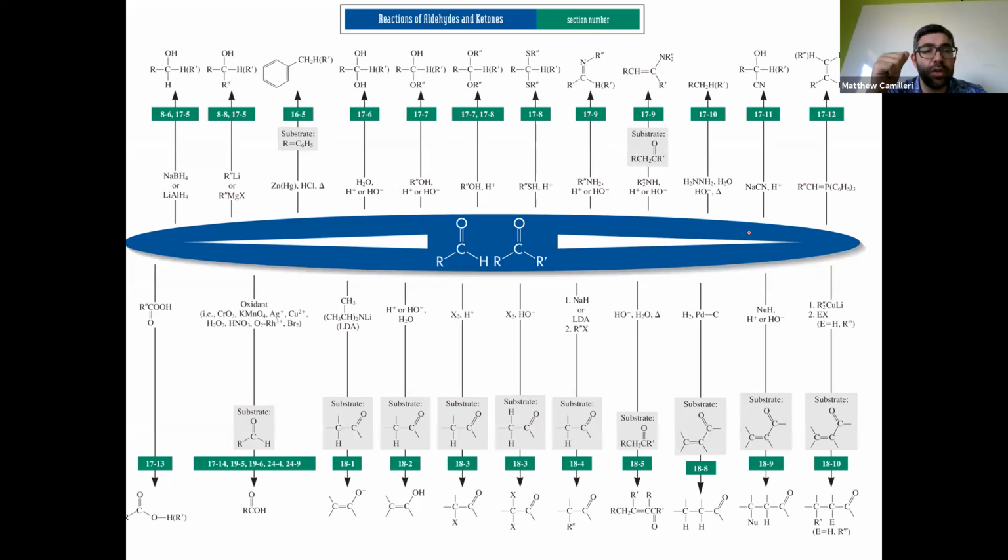So you have reduction of carbonyls to alcohols, you have the Grignard reagents, you have the Clemmensen reduction, you have the addition of water to form hemiacetals and acetals, and thiols. Then you have the addition of thiols and amines.